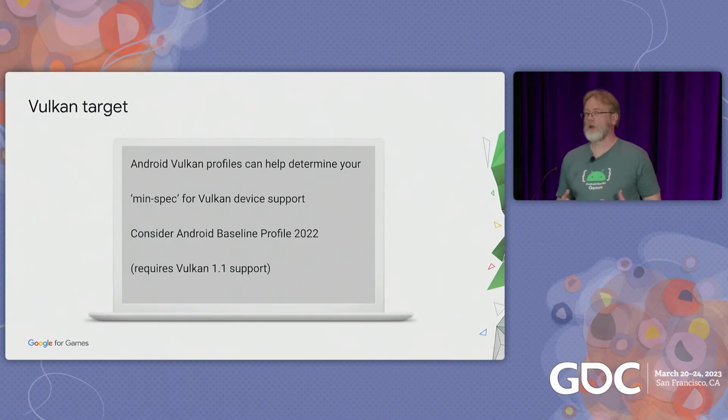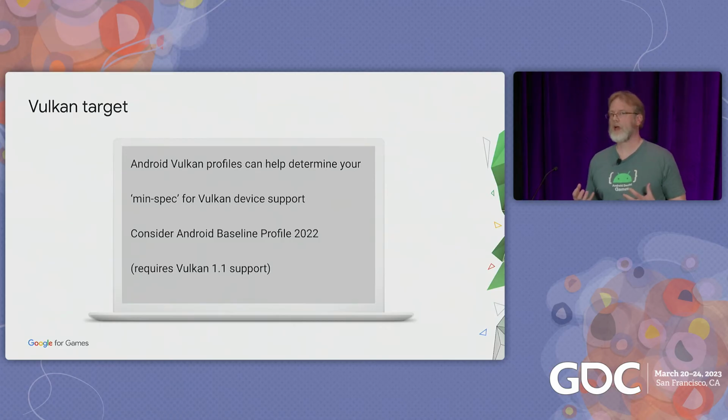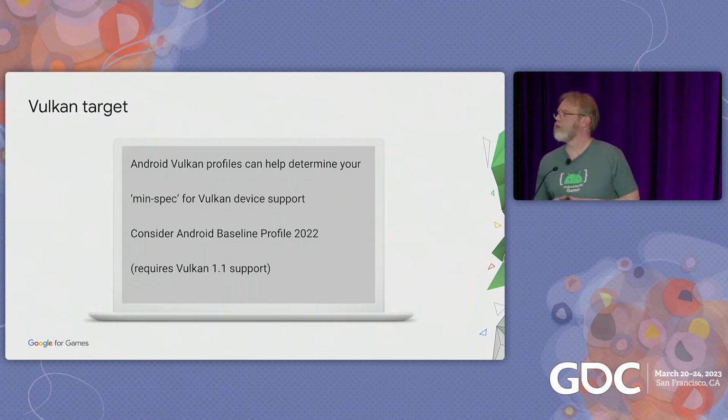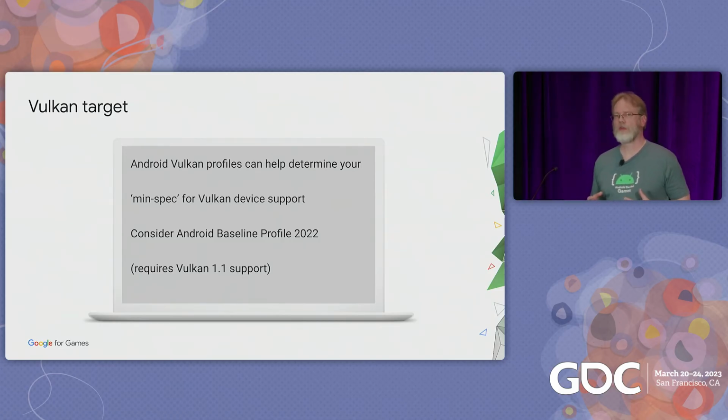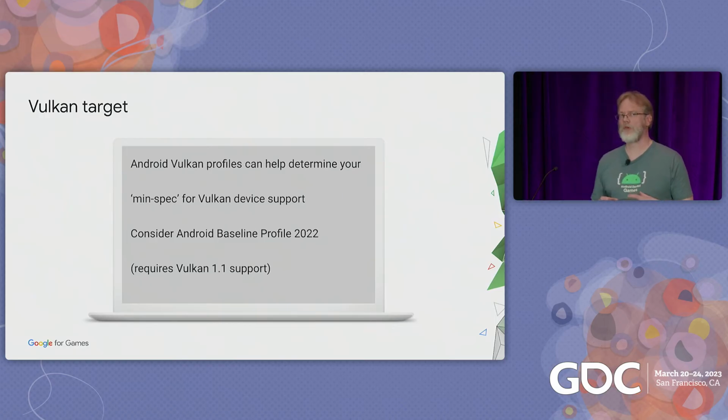If you are targeting Vulkan, there's the question, what kind of requirements within Vulkan do you want to have for your Android game? Vulkan has the concept of Vulkan profiles, which pretty much are a definition for the required extensions, hardware features, or capability limits for a given Vulkan device to meet that Vulkan profile.